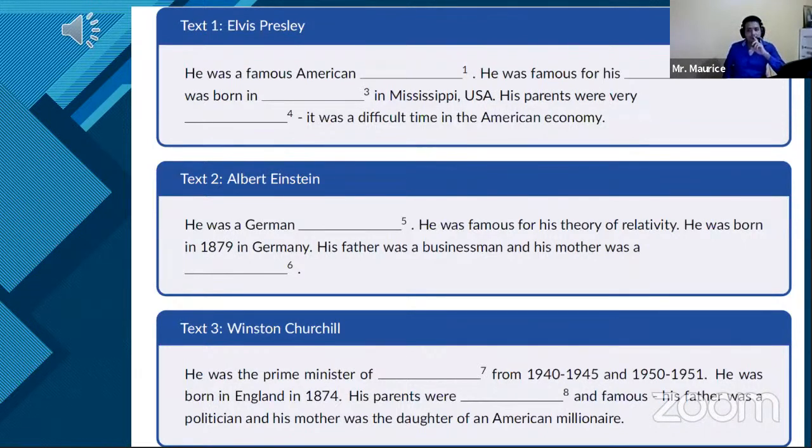His father was a businessman, and his mother was a pianist. Winston Churchill. He was the Prime Minister of Britain from 1940 to 1945 and 1950 to 1951. He was born in England in 1874. His parents were rich and famous. His father was a politician, and his mother was the daughter of an American millionaire.